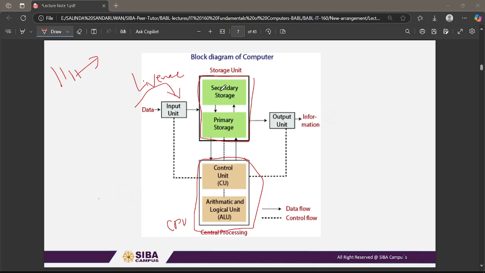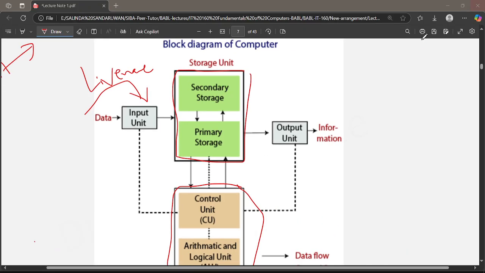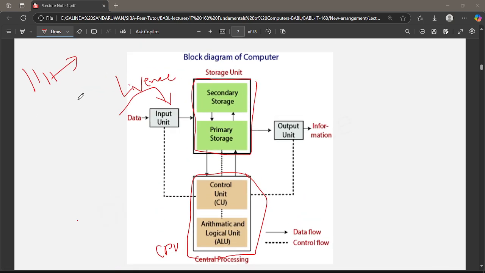It's temporary, because if I close this PDF, all of these things will be erased, and if there is an electricity power cut, it will also erase the things in the RAM, random access memory.